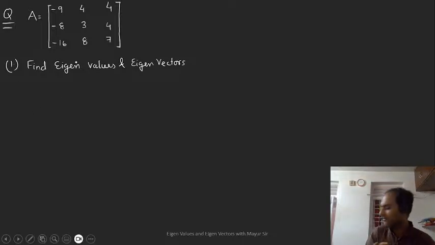So we'll do only finding the eigenvalues and eigenvectors, because there is already a lot going on and it's a very lengthy question itself. Now let us see how to handle this.